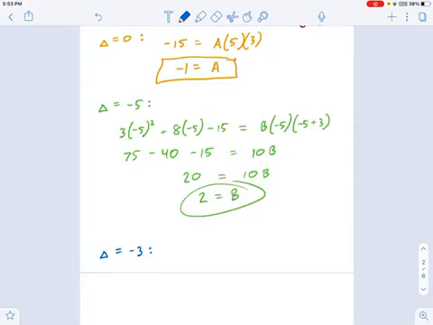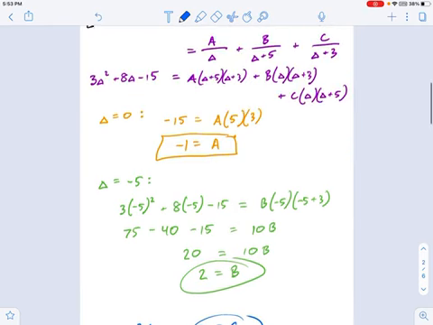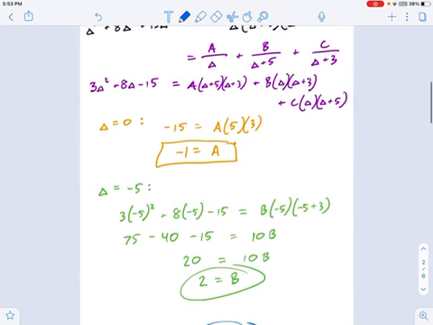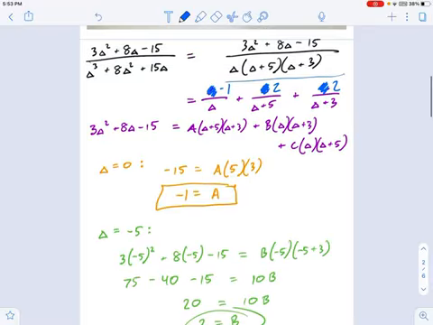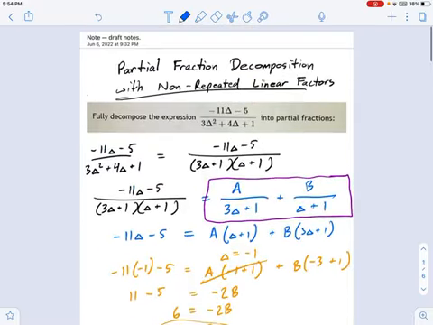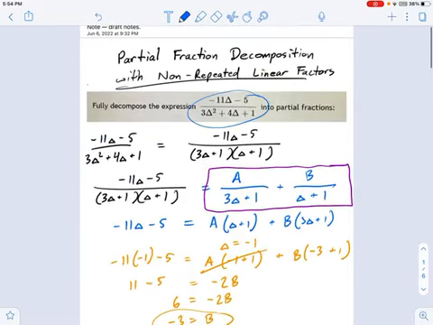And in this case, you're going to get led to c equals 2. So you take these three values and you plug them in right here. c equals 2, b equals 2, and a equals -1, and that would be your solution. This is the method that we use to decompose this into its partial fractions.